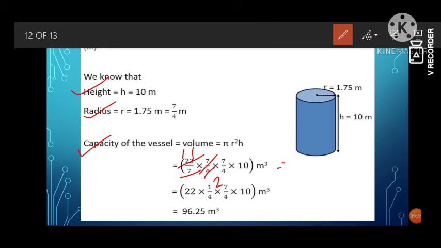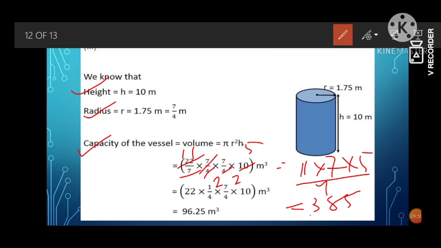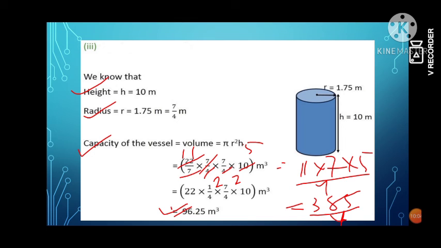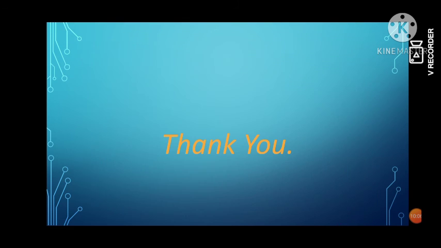We can again cancel 4 and this can be written as 5. So 11 into 7 into 5 by 4, which is equal to 385 by 4. On dividing, we will get 96.25 meter cube as our volume. So our volume for this cylinder is 96.25 meter cube.